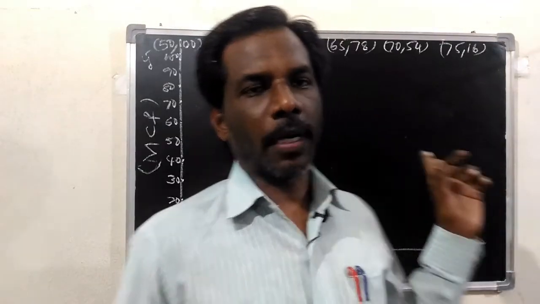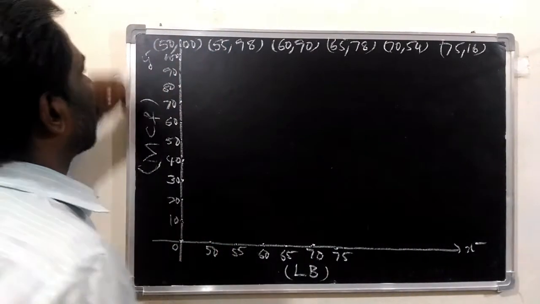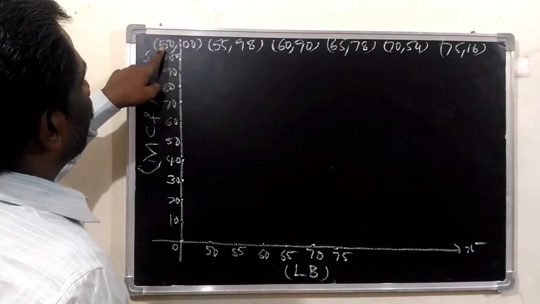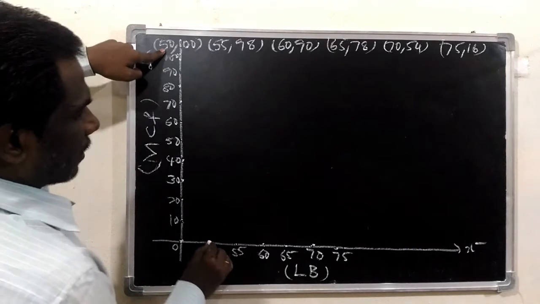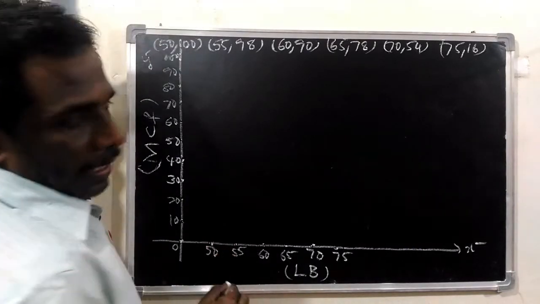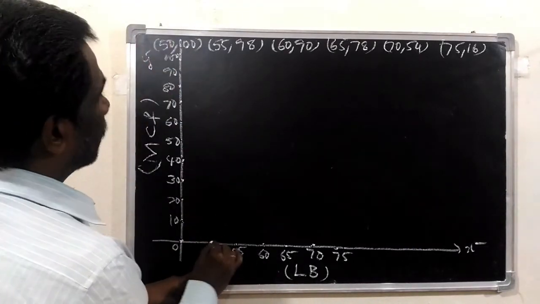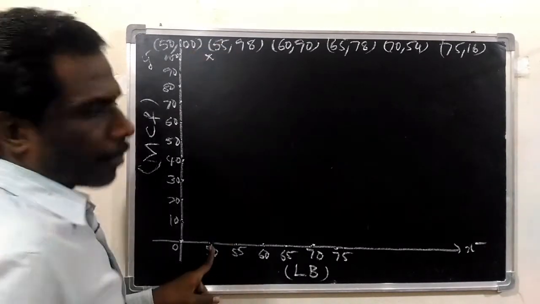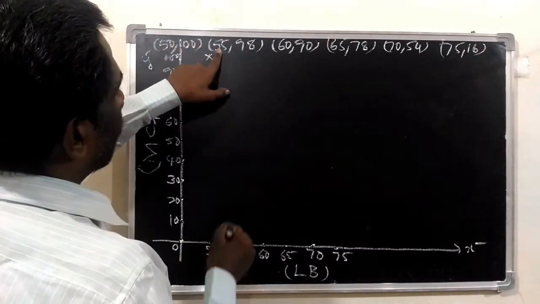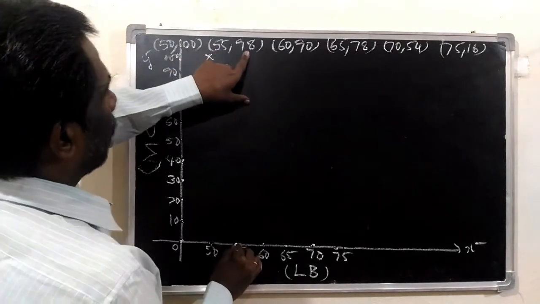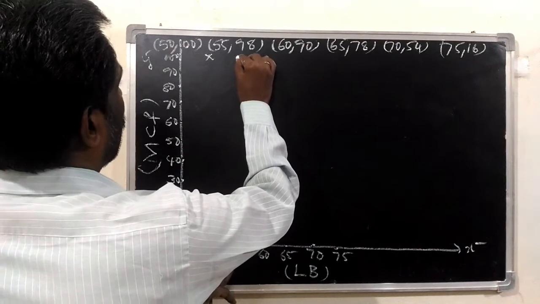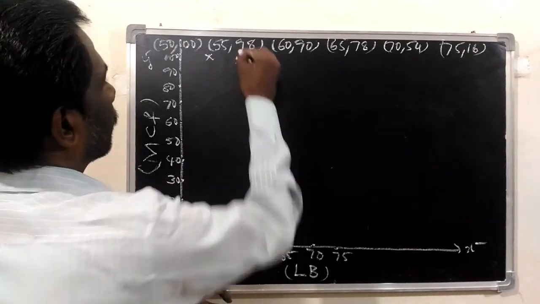Now I am plotting the points on the graph. The first point is 50 comma 100: 50 from the X-axis and 100 from the Y-axis. Next, 55 on the X-axis and 98 on the Y-axis, just below 100.